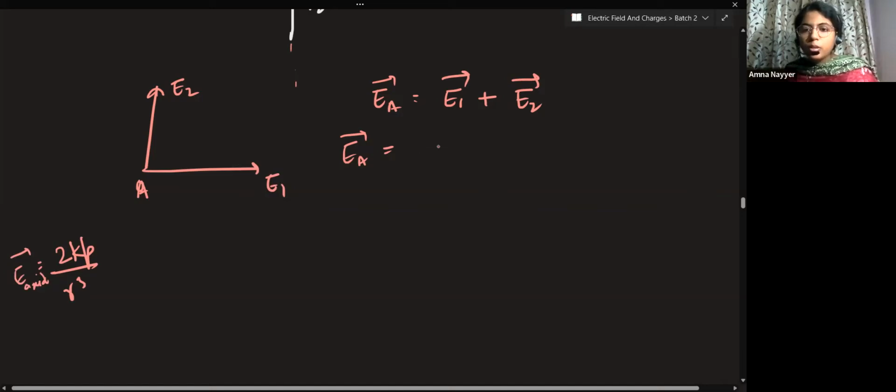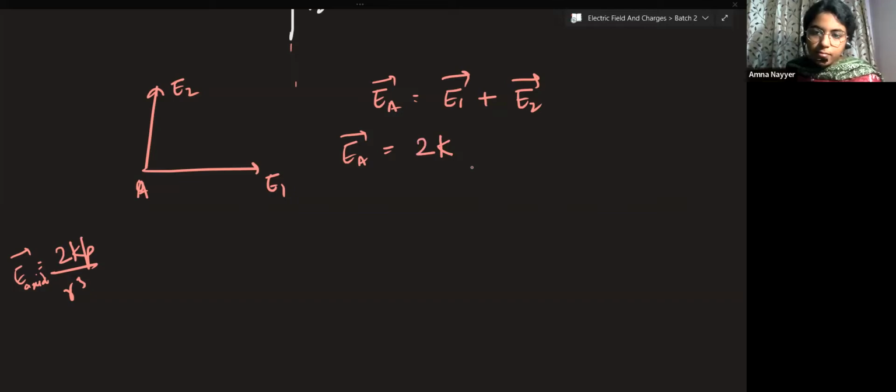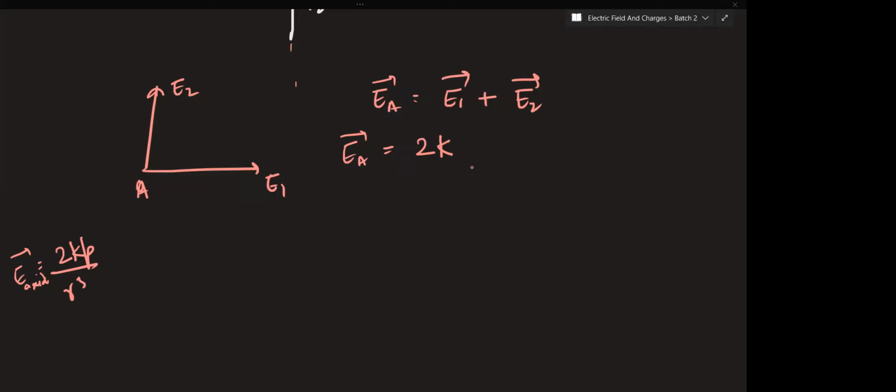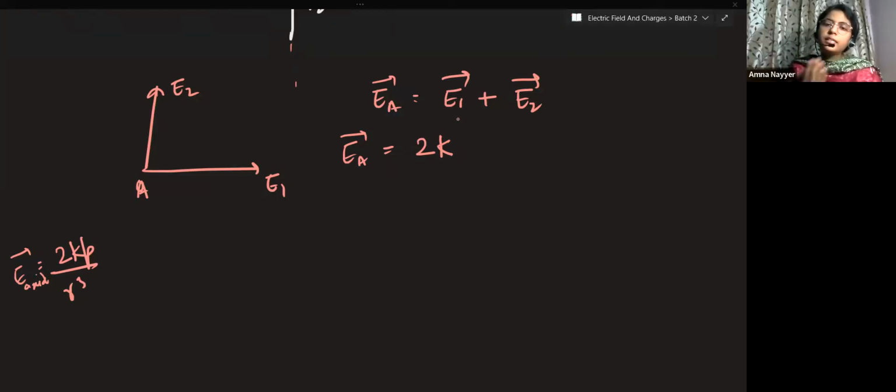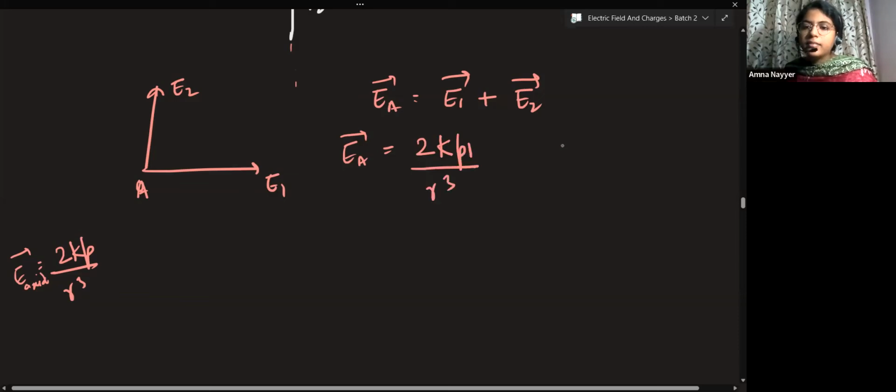So this will be 2K. Which P will I take for E1, P1 or P2? P1 only, no. You don't even need to think in this. The electric field E1 is because of dipole P1. So P1 will be taken: 2K P1 divided by r cube.